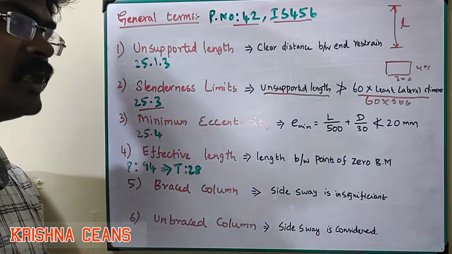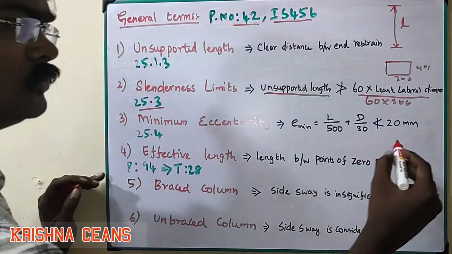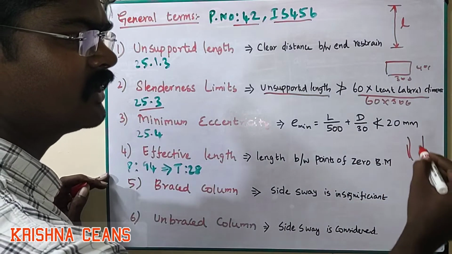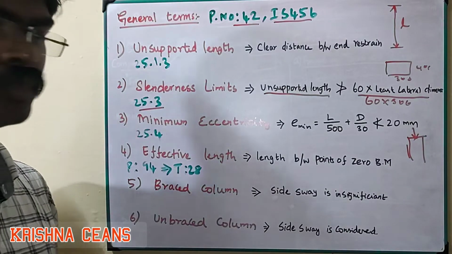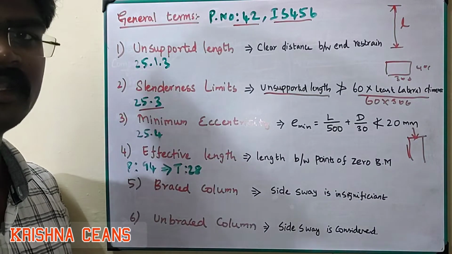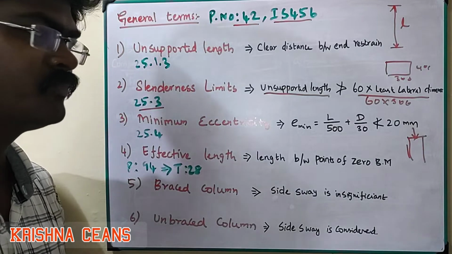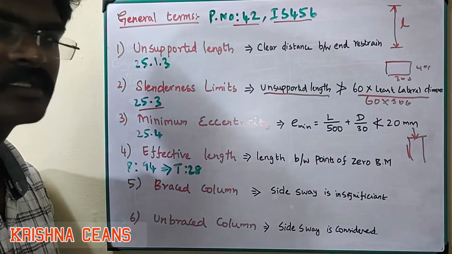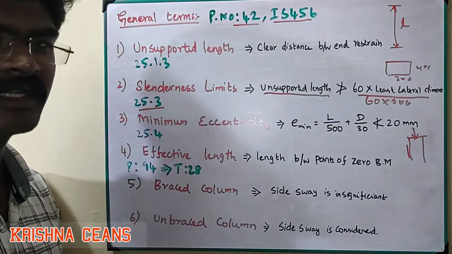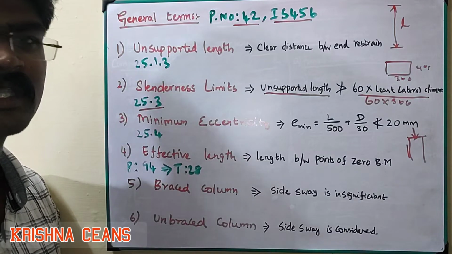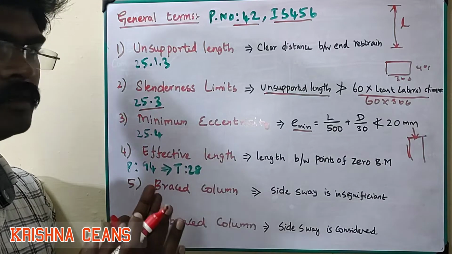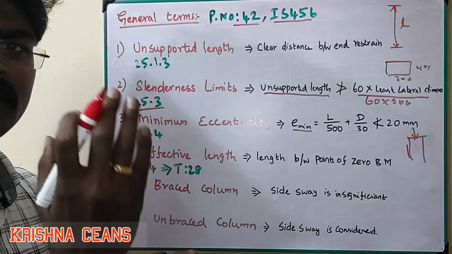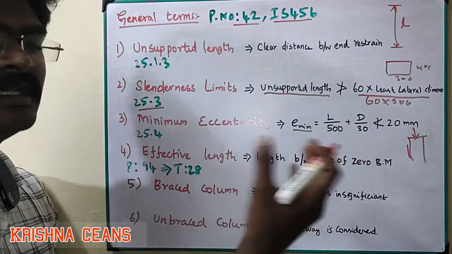Then the third one, minimum eccentricity. Even though the load is considered axial, due to construction difficulties and execution problems, the load may not transfer at the center point. That's why we always check the minimum eccentricity. Even if the load acts at a point away from the center, we can easily manage.